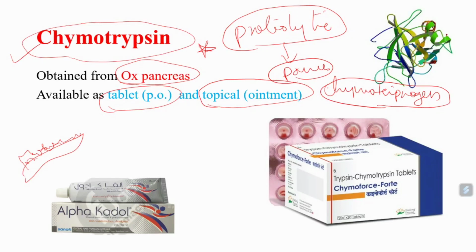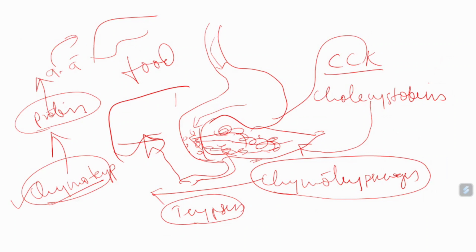So in that case, if topical chymotrypsin is used, it will degrade the excess proteins. However, this topical chymotrypsin is very rarely used. Mainly, we use chymotrypsin as tablets for pancreatic disorders, and these tablets are available in combination with trypsin.